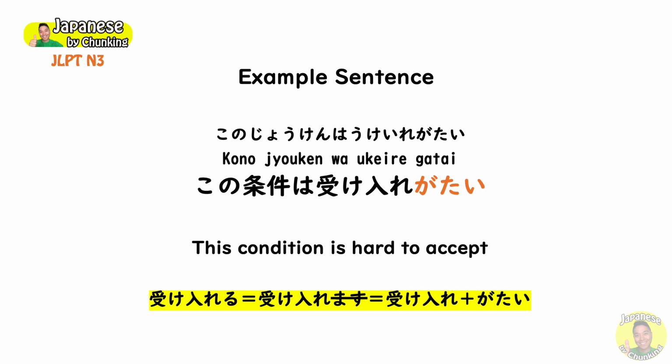次の例文です。この条件は受け入れがたい。This condition is hard to accept. The verb here is 受け入れる。受け入れる is accept.